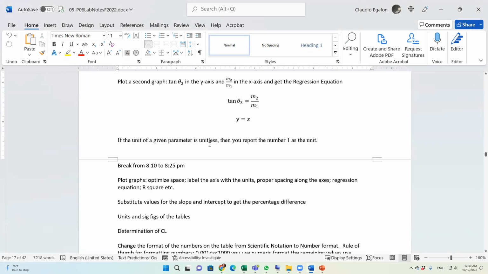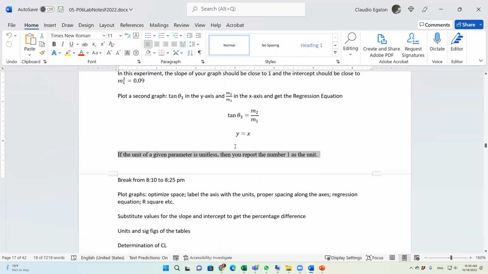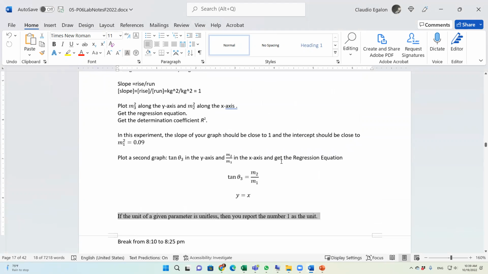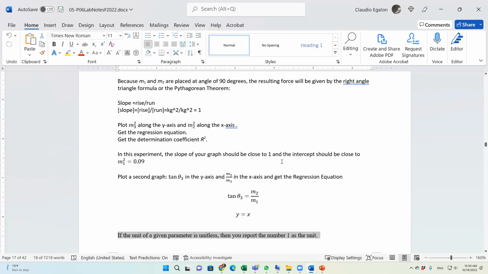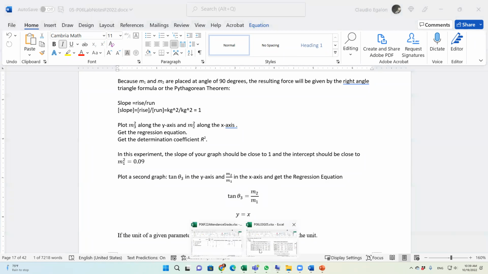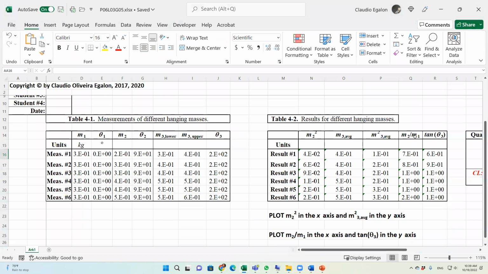If a given parameter is unitless, then you report the number 1 as the unit, which, by the way, is the case for the slope of both graphs. Not just the slope of both graphs, but this ratio as well. M2 divided by M1 is a unitless quantity, so the unit should be 1.